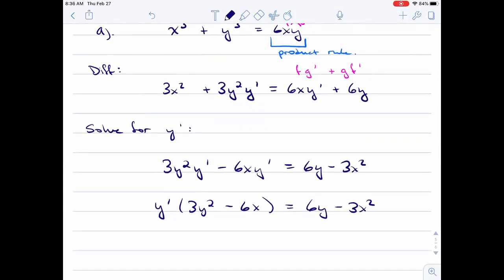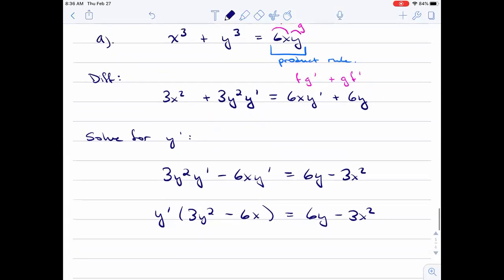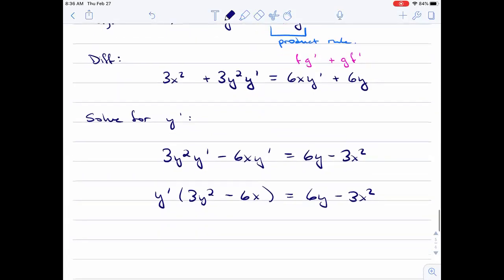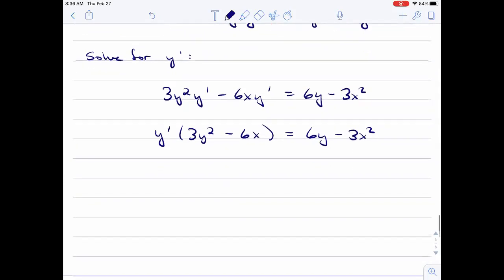Doesn't really matter, because I could have pulled out a common 3 and the common 6 and just been left with 2 on the left-hand side and no coefficients on the right-hand side. Anyways, we'll see if they fall out.